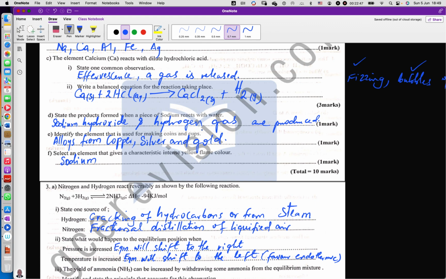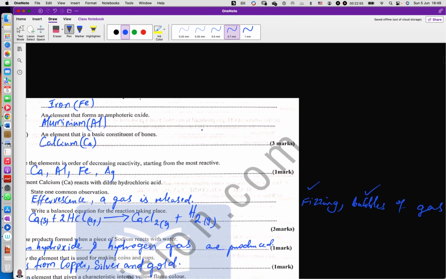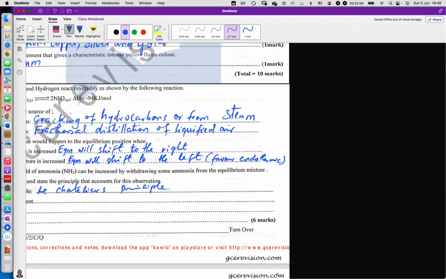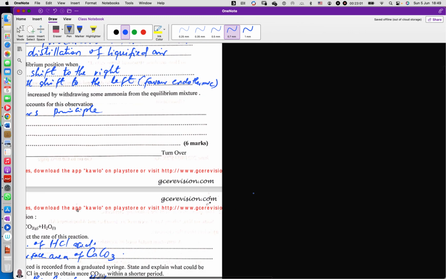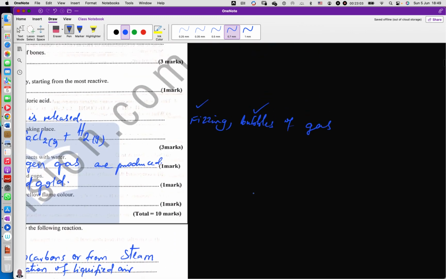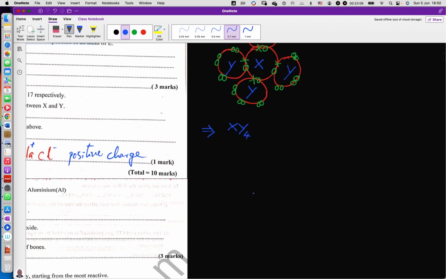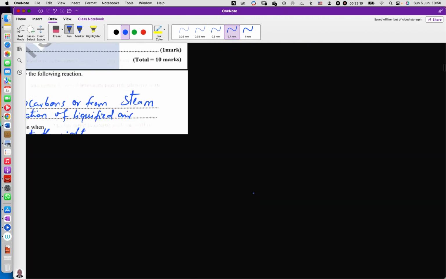Select an element that gives a characteristic intense yellow flame color. If you burnt an element, there are some characteristic colors here which I need to show you.